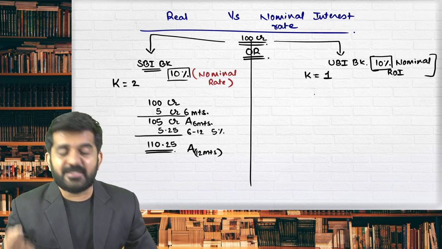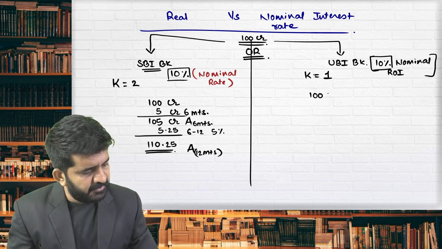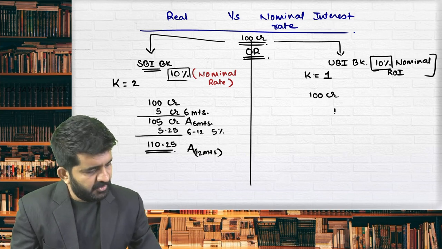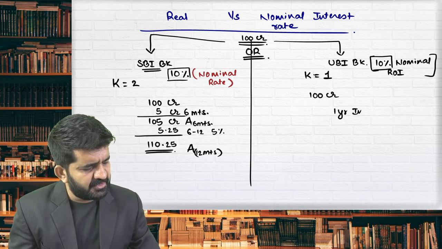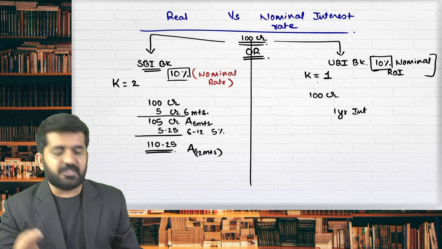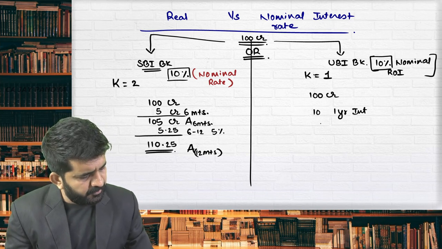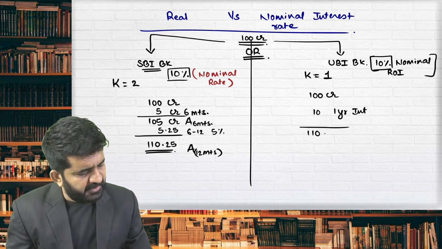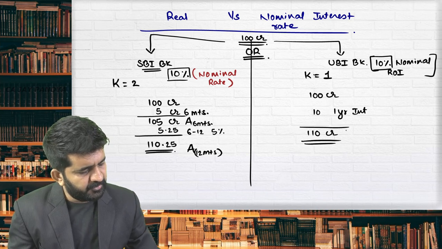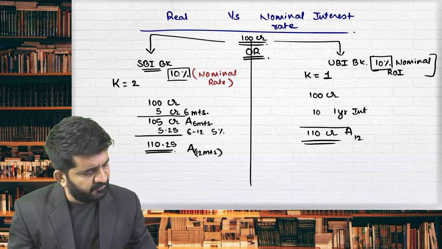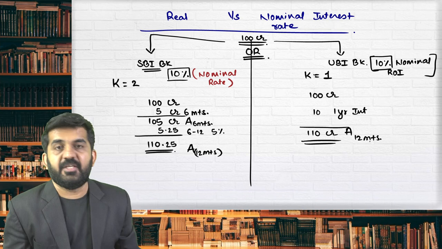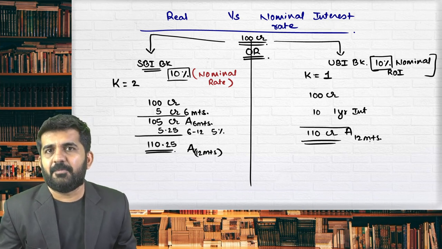If I invest the same 100 crore rupees in UBI Bank, 1 year interest I will be directly getting, because interest is compounded yearly, it will be 10 crore. And total will be 110 crore rupees. This is the amount after 12 months or 1 year. Always greater is better, because we are investing.